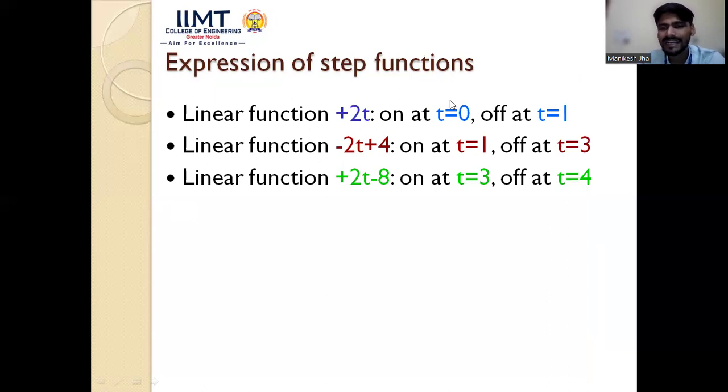The first line starts from 0 and the slope changes at t equals 1. So the 2t line is on at t equals 0 and off at t equals 1. Similarly, the second line is from 1 to 3, so it is on at t equals 1 and off at t equals 3. The third line runs between 3 and 4, so it is on at t equals 3 and off at t equals 4.